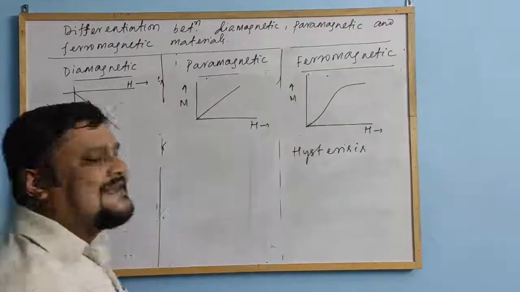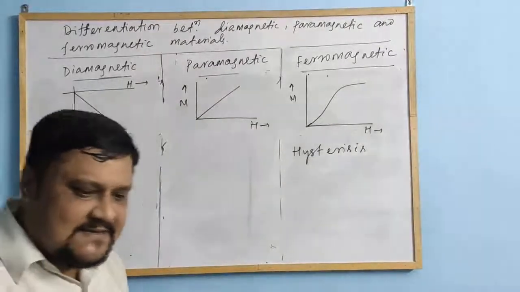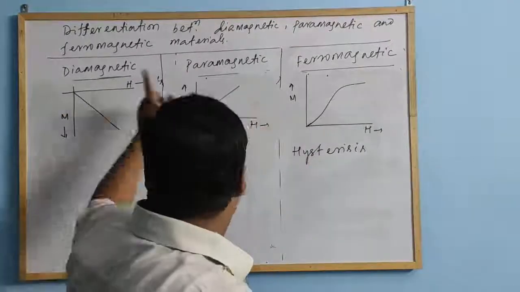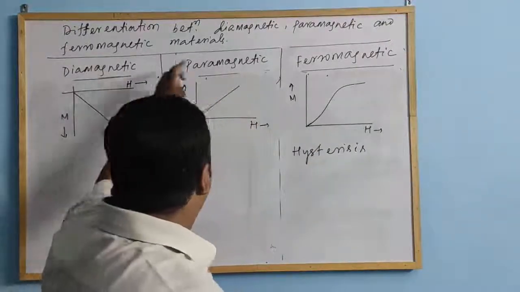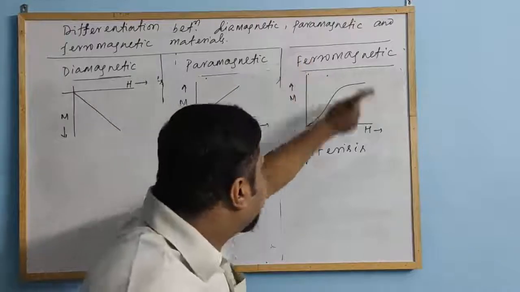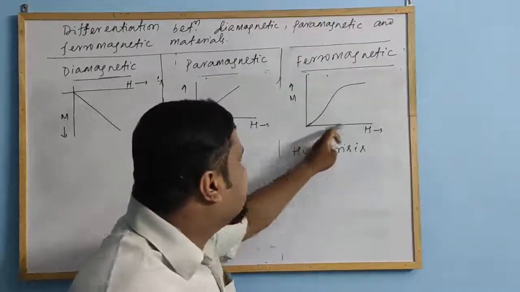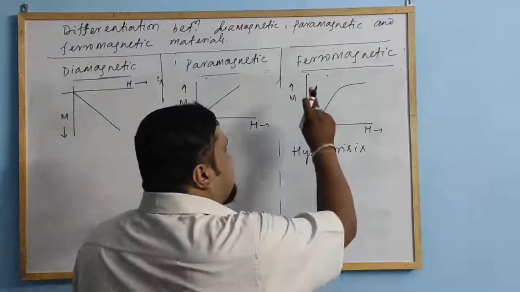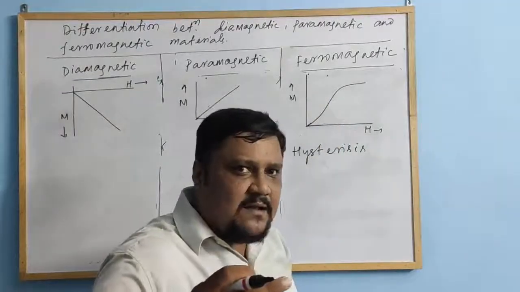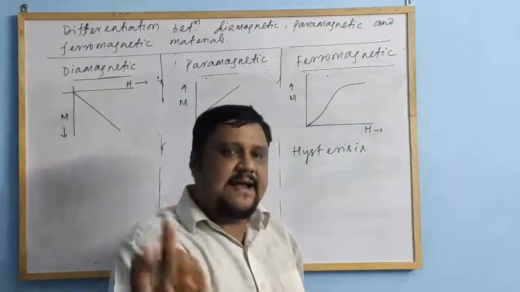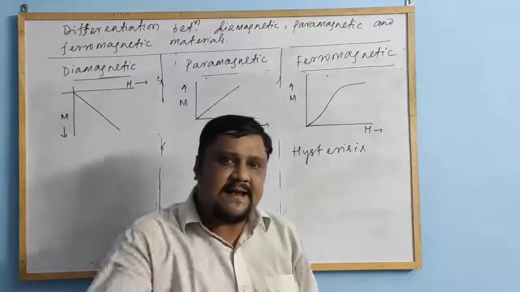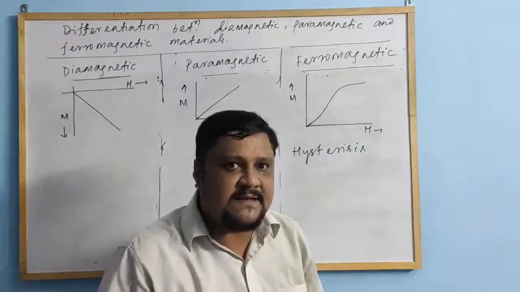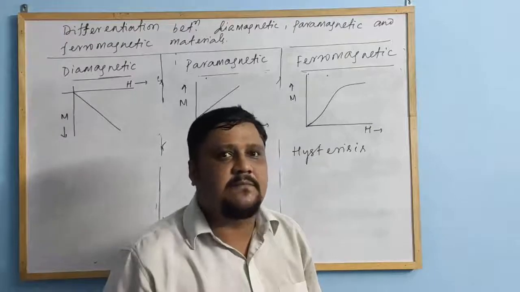They show hysteresis. What is this hysteresis? Out of these three, there is no dia, no para. Only ferromagnetic material shows a behavior that is called hysteresis behavior. What is this hysteresis behavior? When a ferromagnetic material is magnetized and again demagnetized, it will not come to its initial state.